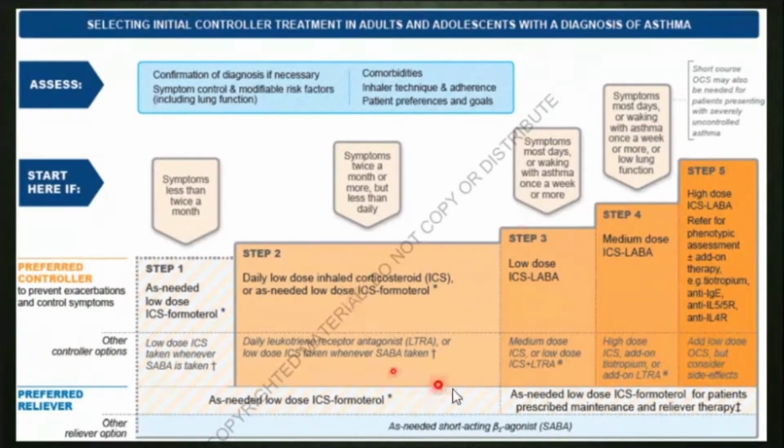So step 3 is similar to that, but you can increase the dose. If there's been no relief from step 2 medication, you can increase to a medium dose. And then from step 4, you can start off with a medium dose of your ICS-LABA, and again the preferred reliever is ICS-LABA alone.